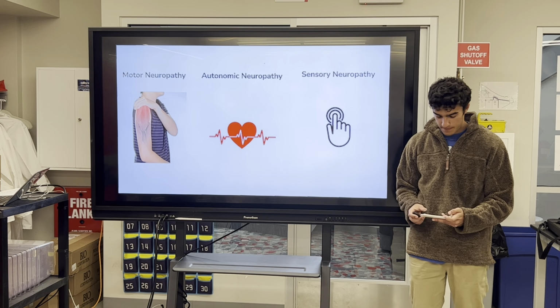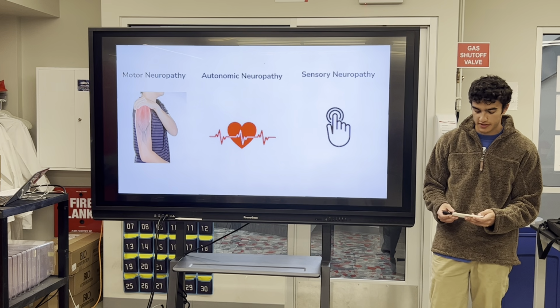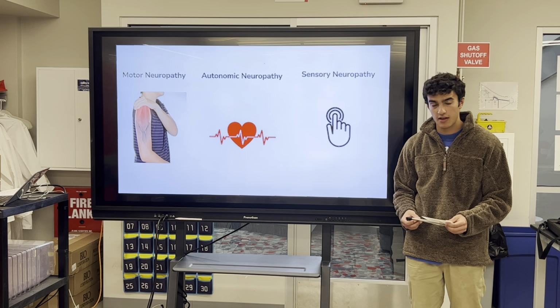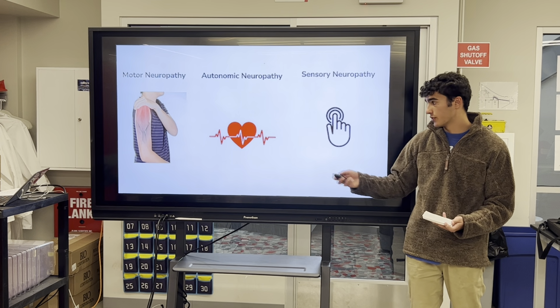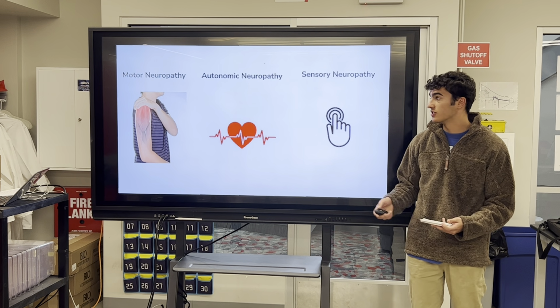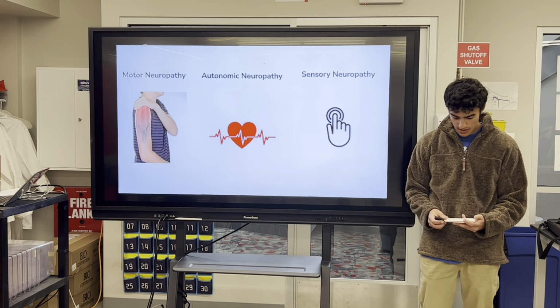Autonomic neuropathy deals with damage to the nerves that control the things in our body that we do without thinking, like breathing, our heartbeat, and digestion. And for those reasons, damage to these nerves is especially dangerous and probably the most dangerous out of all these 3.